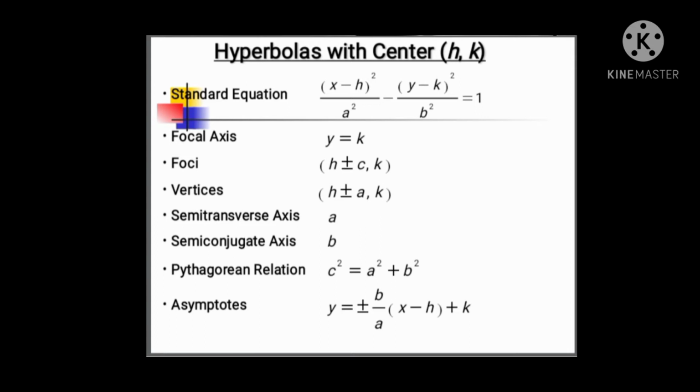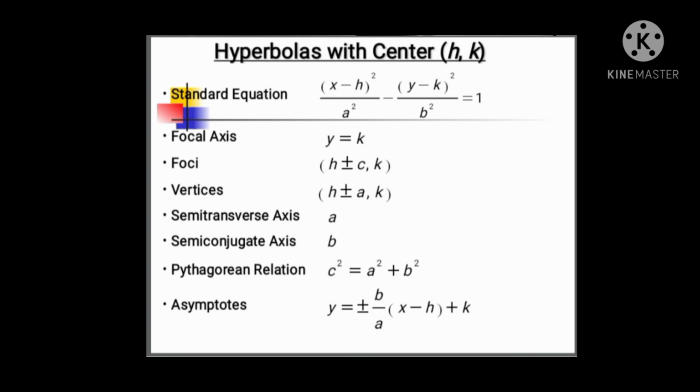Vertices are h positive, negative a and k. The semi-transverse axis is a, and its transverse axis is 2a. The semi-conjugate axis is b, and its conjugate axis is 2b.